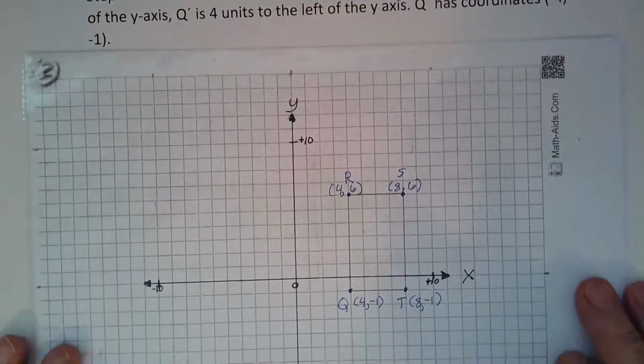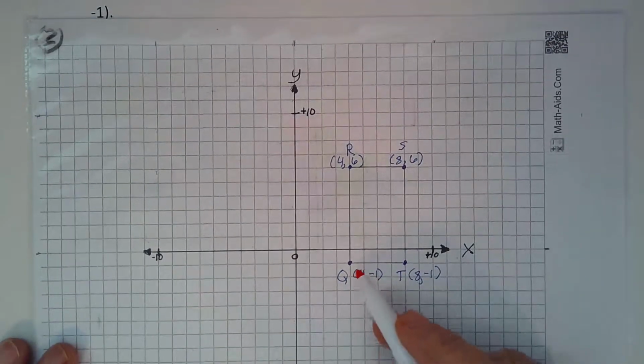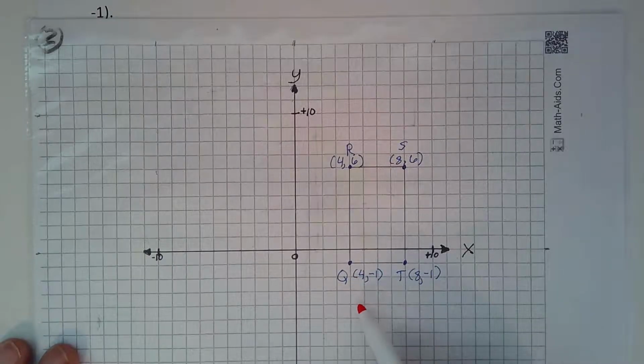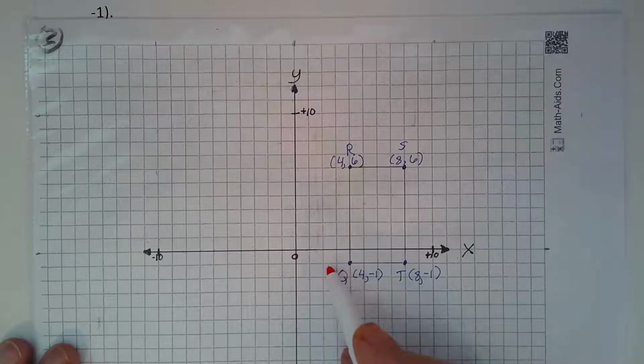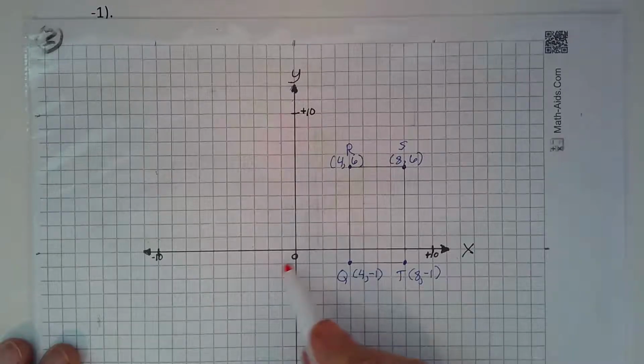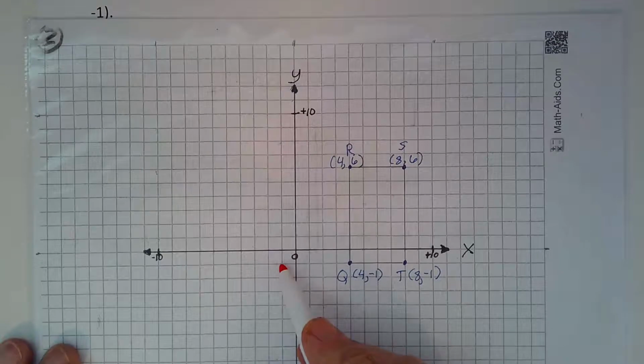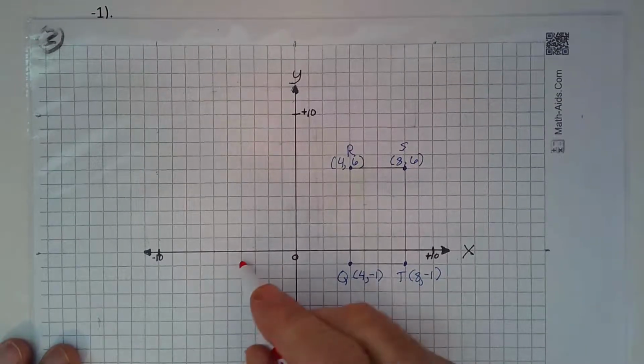So I'm going to go over here to Q, and Q is again at 4, -1. It's 4 units to the right of the y-axis, so I'm going to bring my pen along here and I'm going to count 4 units to the left of the y-axis. So here's the y-axis, here's -1, -2, -3, -4.